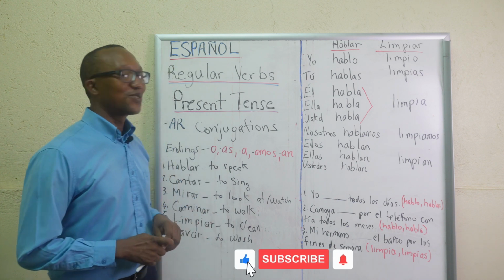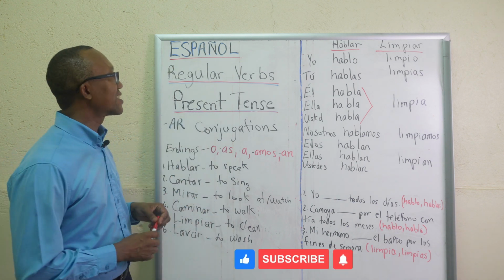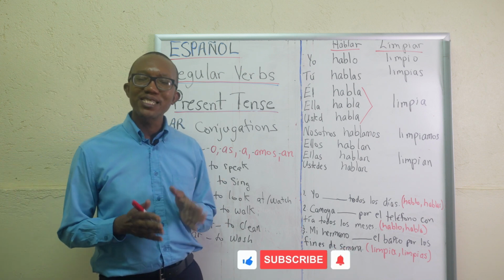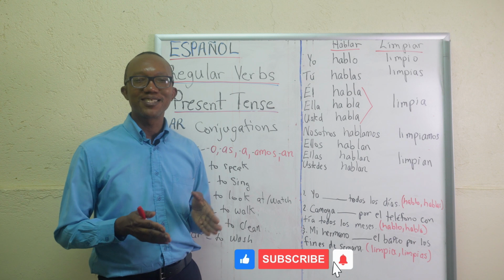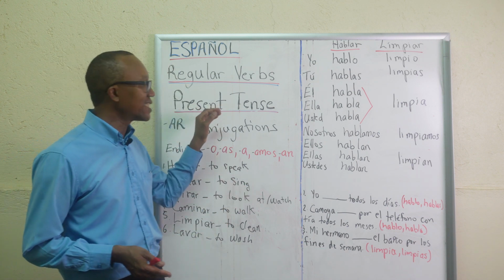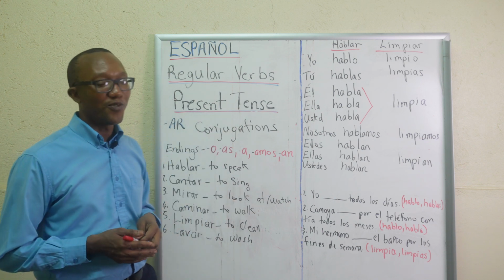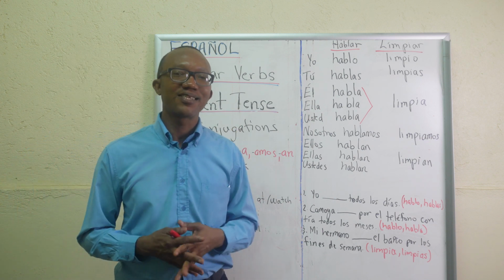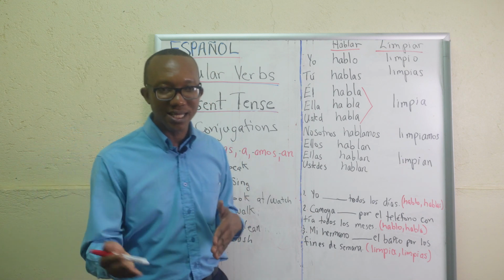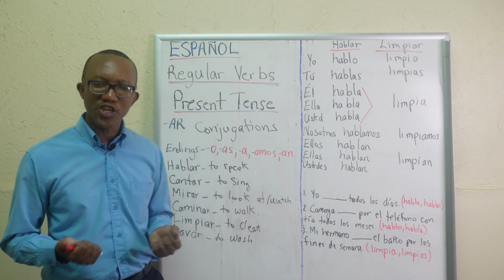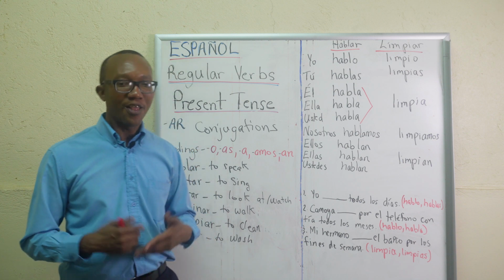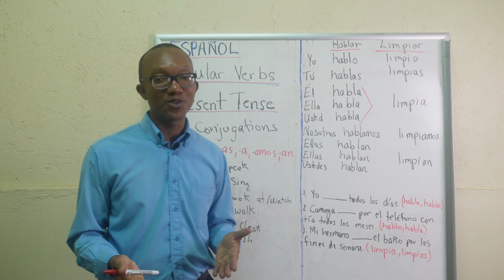Alright, so today the spotlight is on Español, and we're looking at a very interesting topic: regular verbs in the present tense form. Now, if you are doing exams like Spanish or GCSE or any other major exams where you have to write sentences, then the verbs are very important for you to learn.